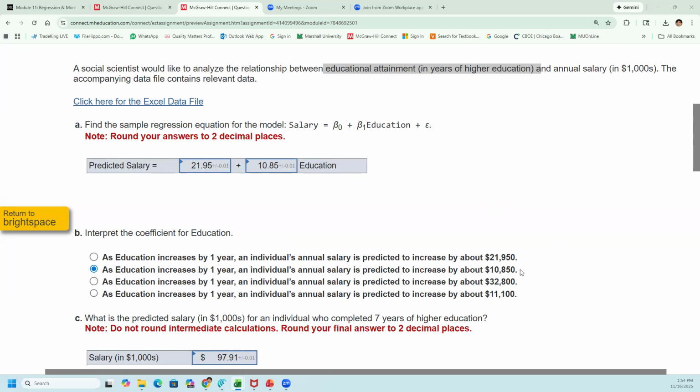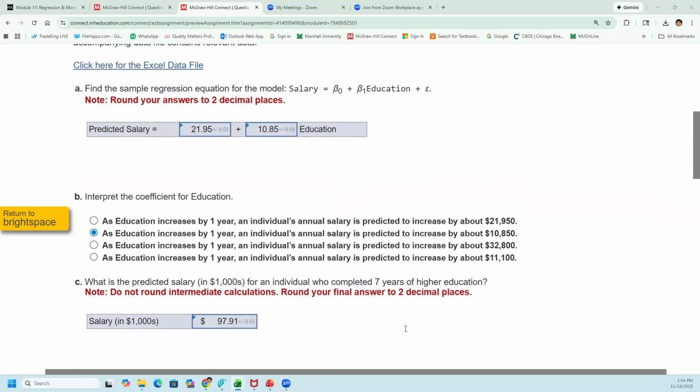Now, what is the predicted salary for an individual who has 7 years of higher education? For the predicted salary, you already have a coefficient intercept of 21.95, which is fixed. B1 is 10.85, and the education can be replaced by 7.